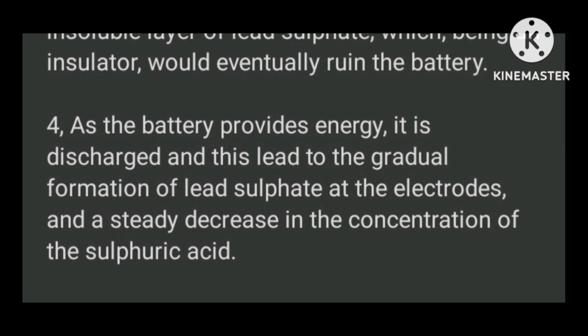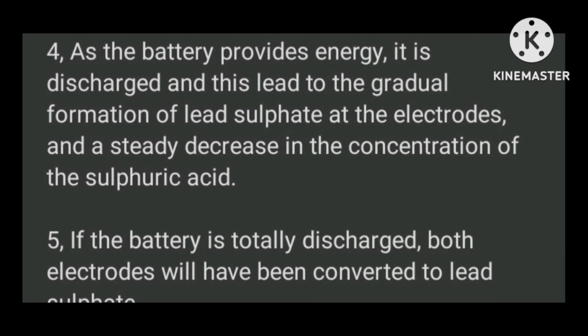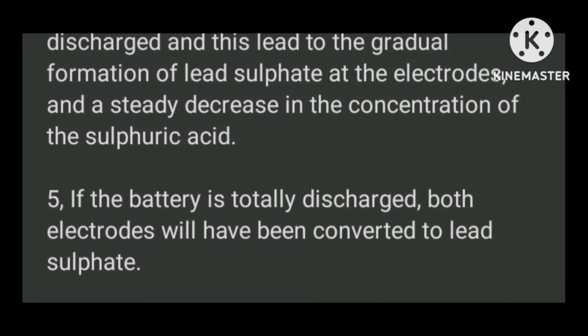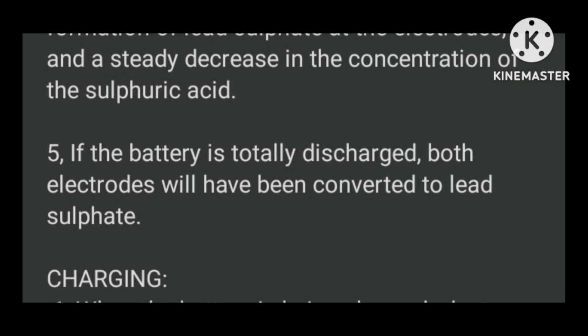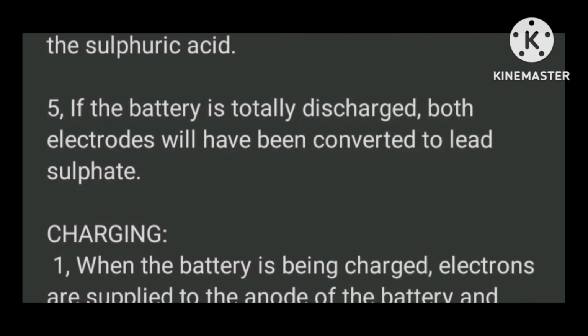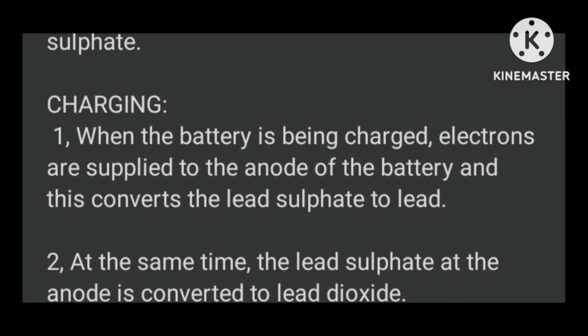As the battery provides energy, it is discharged, and this leads to the gradual formation of lead sulfate at the electrodes and a steady decrease in the concentration of the sulfuric acid. 5. If the battery is totally discharged, both electrodes will have been converted to lead sulfate.